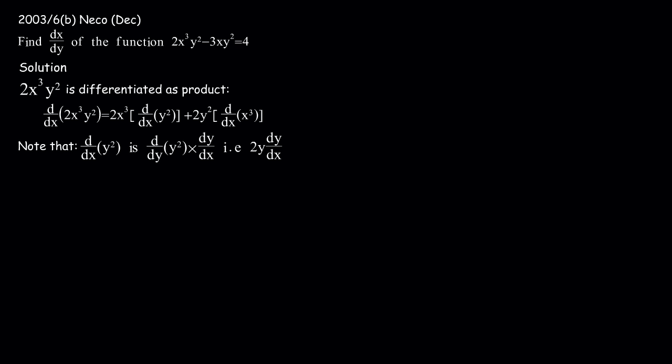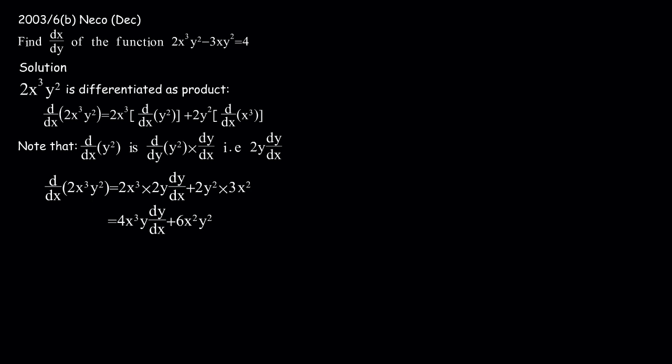Now combining everything together, d over ds of 2s cubed y square will be equal to 2s cubed times 2y dy over ds, plus y square times 3s square. Adding our right hand side, it becomes 4s cubed y dy over ds plus 6s square y square.